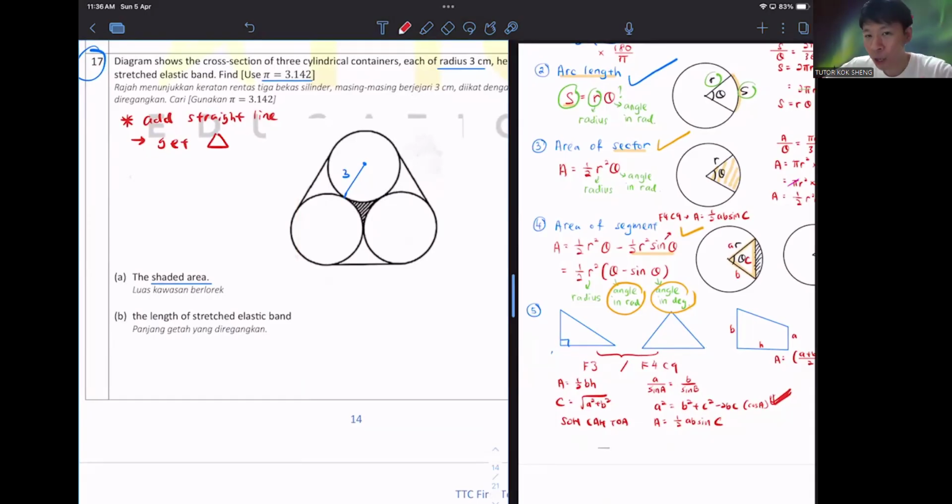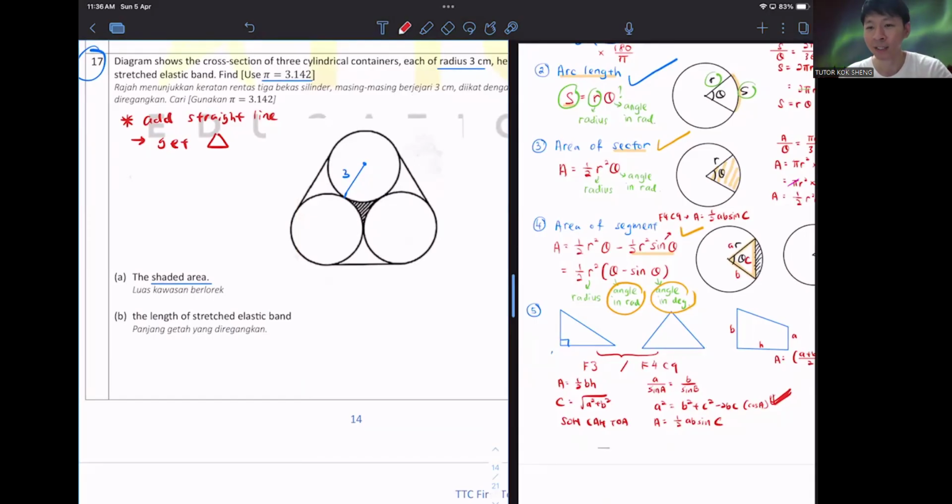Maybe it can be a normal triangle or a right angle triangle, depending. So this is the way to add a straight line. Which means maybe you need to add one line or maybe two or maybe three to get a triangle.